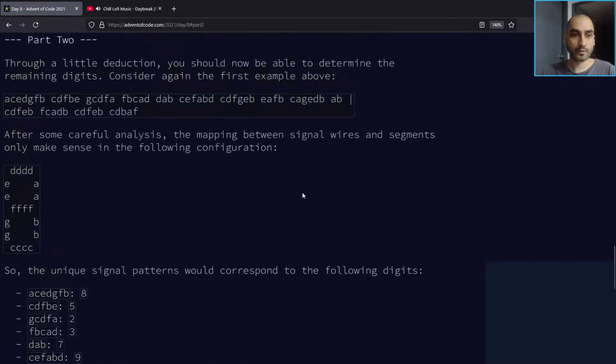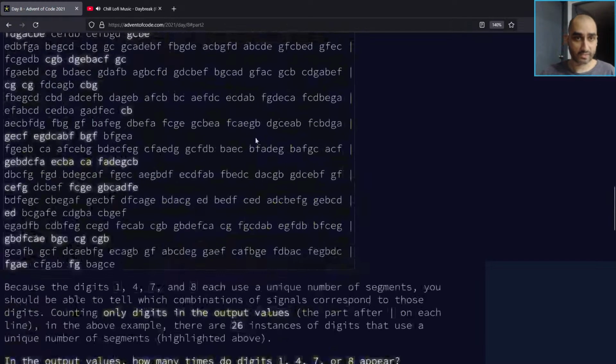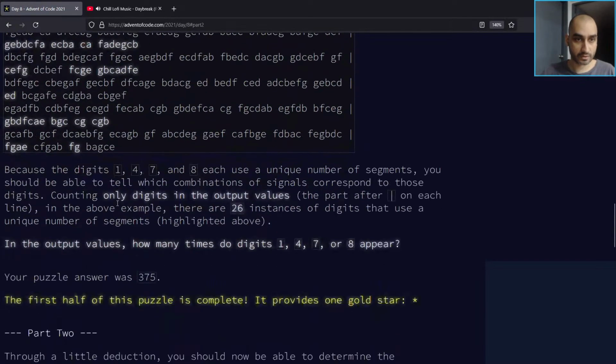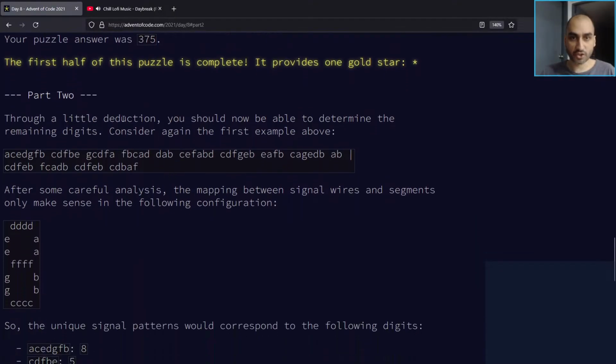All right, Part 2. Well, that was really easy. Just count the number of those token sizes. Through a little deduction, you should now be able to determine the remaining digits. Consider again the first example above.